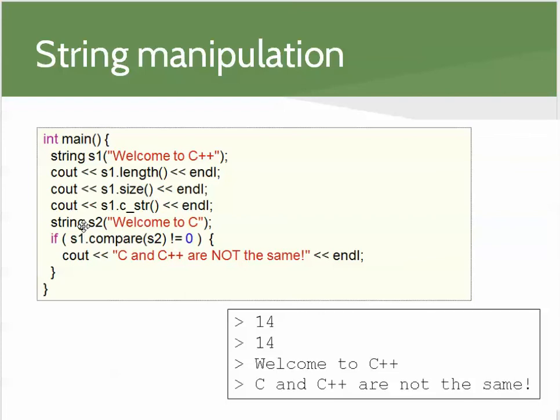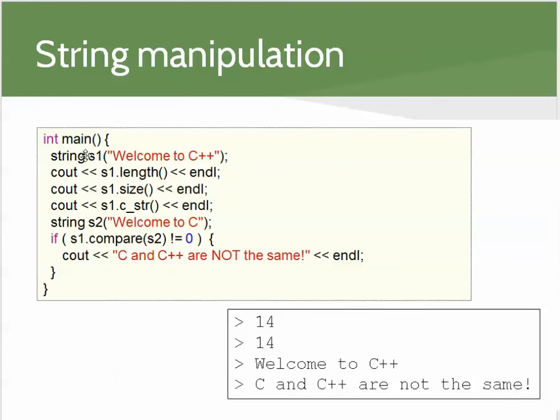The string class also provides a lot of methods for manipulation, for comparison, and for interrogation of the string. So if I create a string S1 with this open and close parenthesis constructor syntax, it's initializing S1 to be the string "welcome to C++".